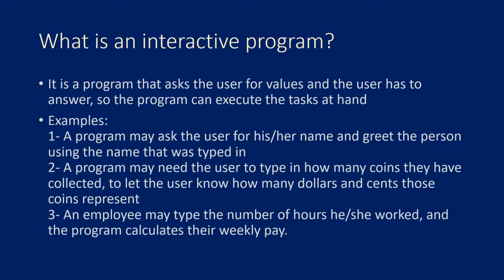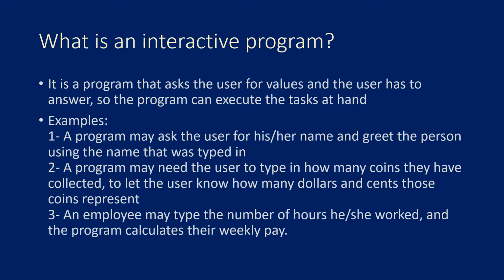So rather than having the value of the number of coins that we have collected in a piggy bank, we may use the program so different people can run it with different values. So that would be an example of an application, right? You have an app, the person wants to find out how many dollars the 3,055 pennies represent. And they type that in, and then the program runs and lets them know the dollar amount of those coins.